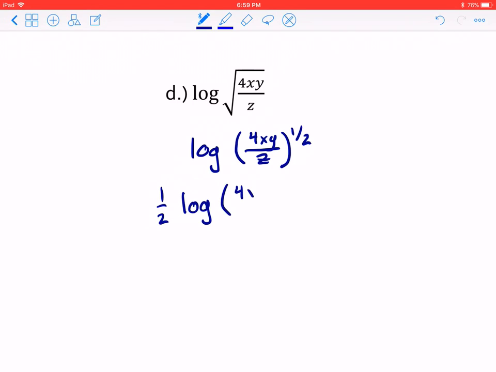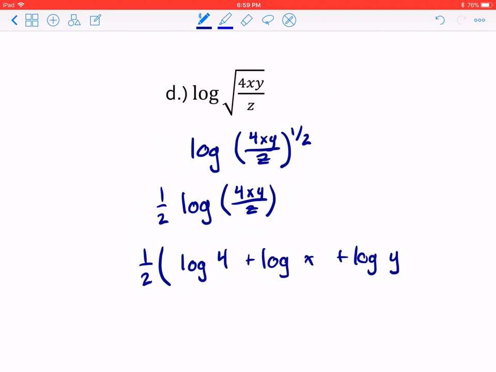Then we have 4xy over z. And then the 1/2, writing in parentheses because I'm breaking this up into more logs, we'll have log base 10, because nothing's written, of 4, plus log of x, plus log of y. Again, those are all positive because they were in the numerator, but that then leaves us with minus log of z.